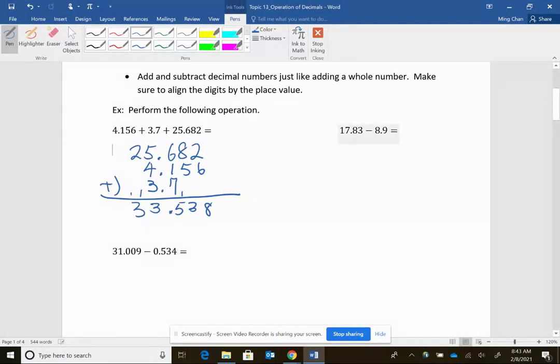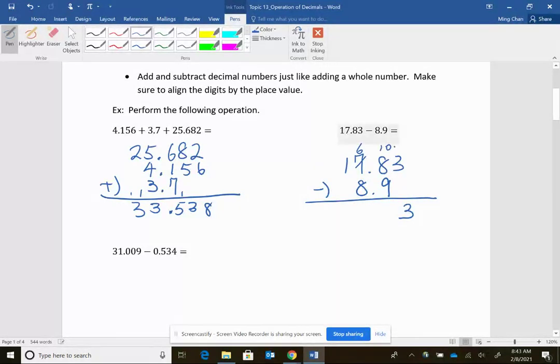All right, so again, subtraction, sometimes we have to borrow. In subtraction, it does matter which number goes first. Normally the first number goes on the top. Still line them up by the place value, 8.9. All right, so here we will subtract. 3 subtract nothing, so bring it down. 8 cannot subtract 9, so 8 has to borrow from 7, so that becomes 6.